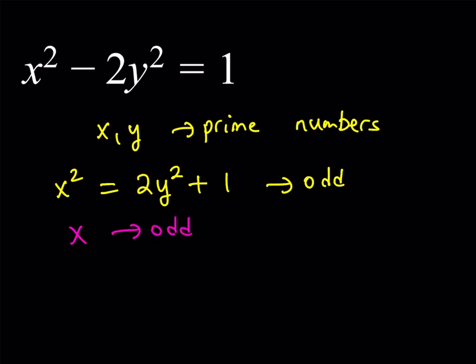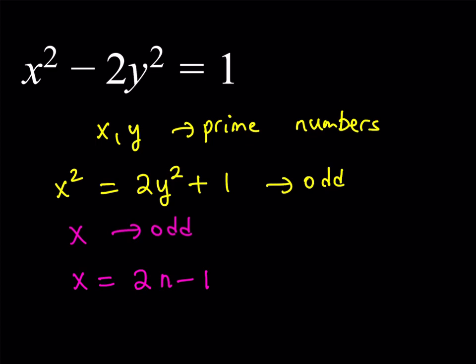Now, one of the great things when you're solving an equation with integer solutions is that if you know whether one of the variables or both are even or odd, then you can actually replace them with something. Well, in this case, we can use x equals 2n minus 1, where n is just an integer. Well, in this case, we're looking for prime solutions, so n would have more restrictions on it.